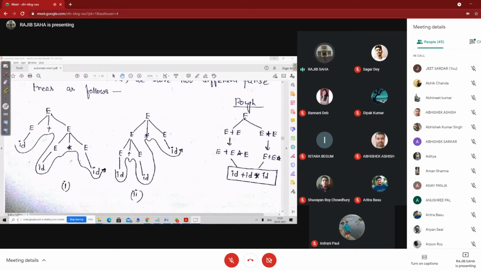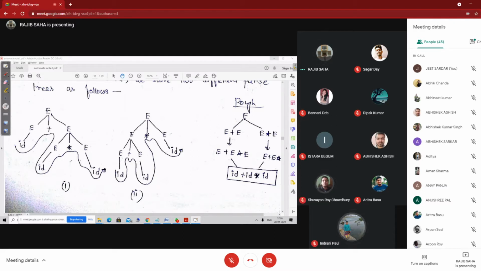So for a same sentence from a same grammar, if we have two different parse trees, then this grammar is called an ambiguous grammar. Is that clear to all of you?